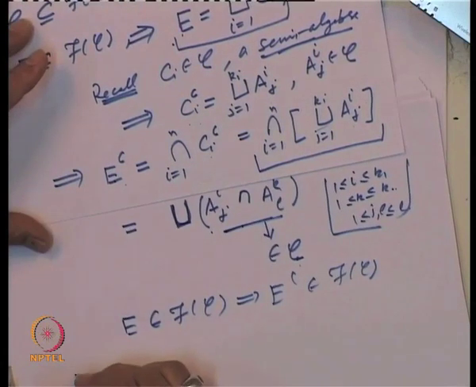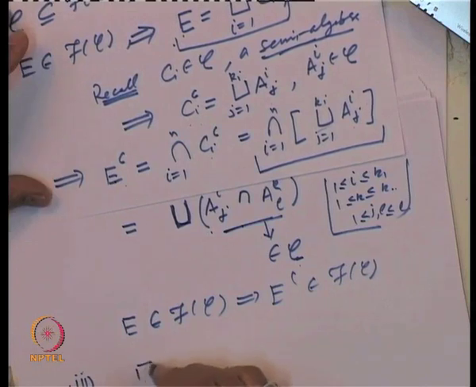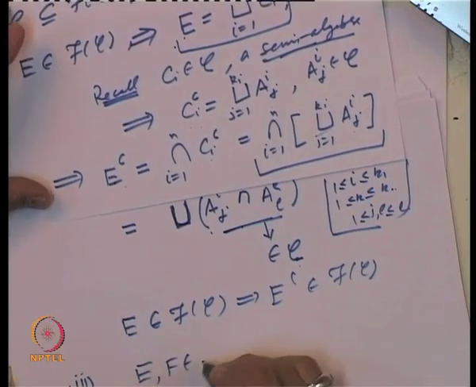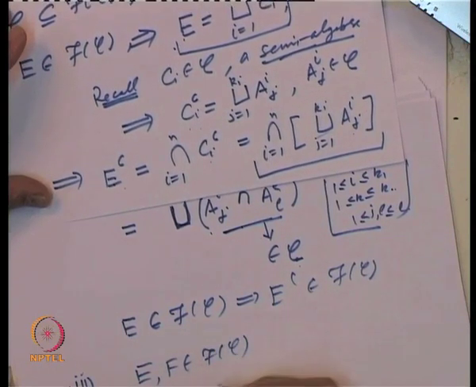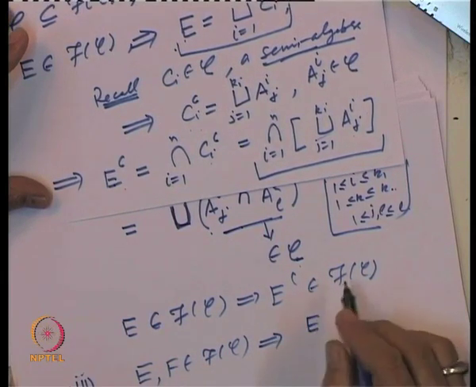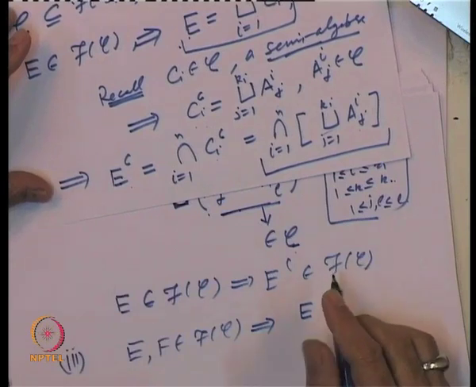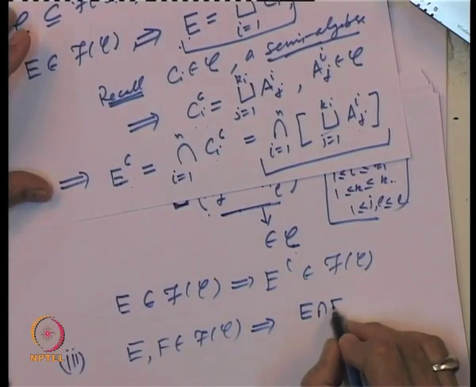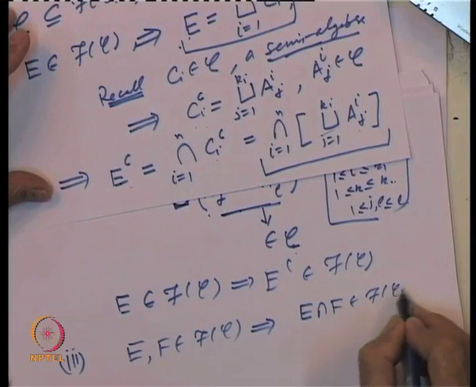And let us look at the third property, namely, if E and f belong to f of C, does this imply that E intersection f belongs to f of C?